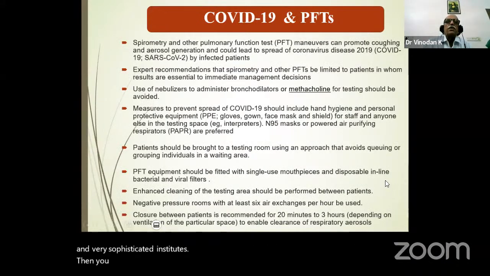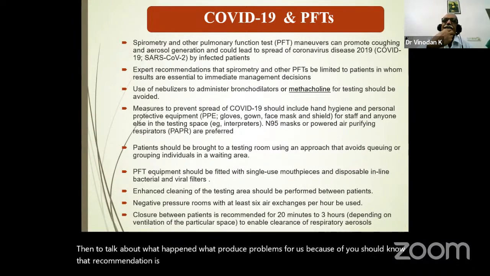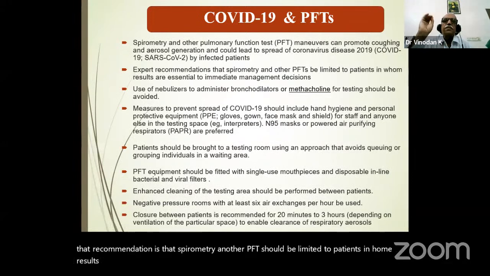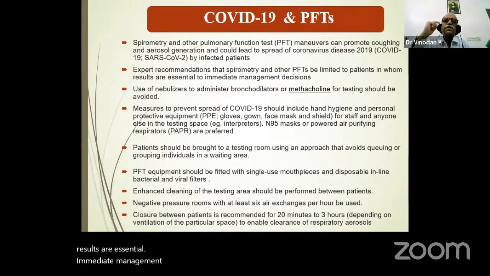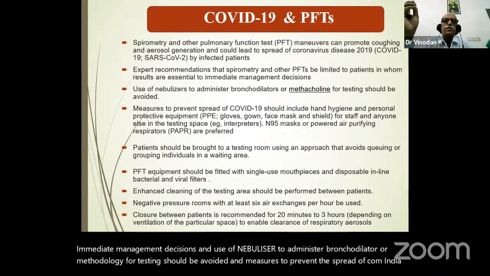Then to talk about what problems COVID produced for us, you should know that the recommendation is that spirometry and other PFTs should be limited to patients in whom results are essential to immediate management decisions. Use of nebulizers to administer bronchodilator or methacholine for testing should be avoided, and measures to prevent the spread of COVID-19 should be used.